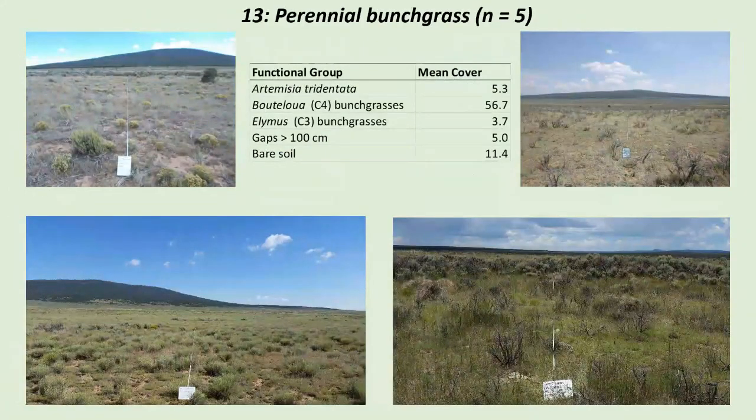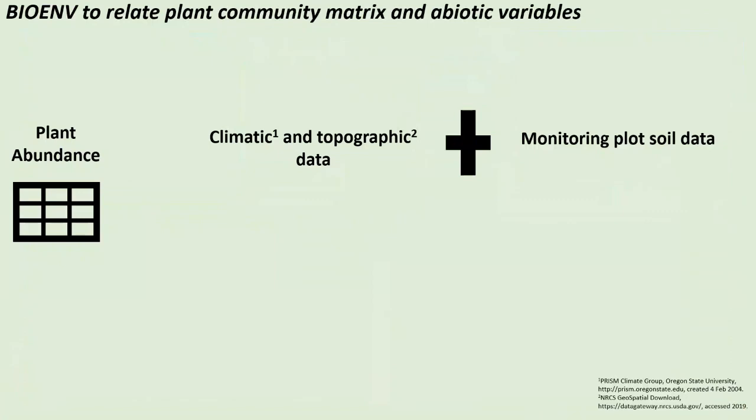So at this point, we have our vegetation communities defined, and now want to understand how they're distributed across the landscape and how they might relate to ecological sites. So I used a technique called BIOENV, which essentially relates your plant community data to your abiotic data.